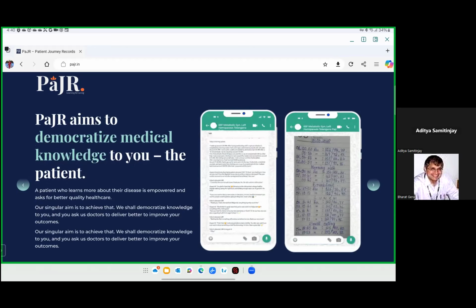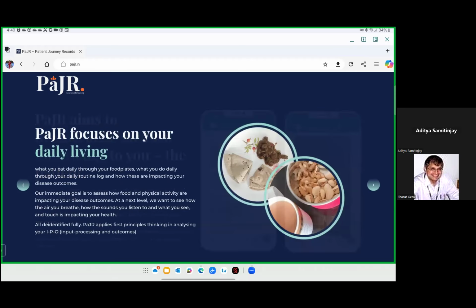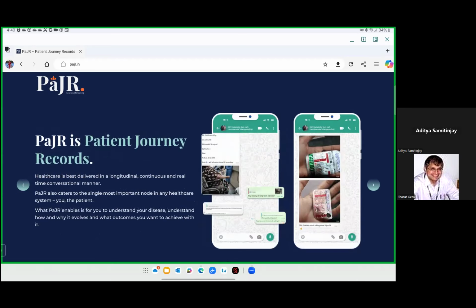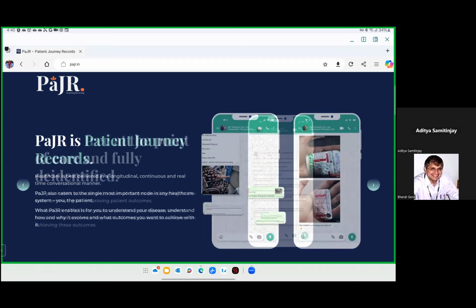So what we are trying to do, I think, goes against what Ishita was saying. Both Dr. Biswas and I rely on spontaneous order. And through our spontaneous excursions in healthcare, we realized that democratization of medical knowledge is lacking.